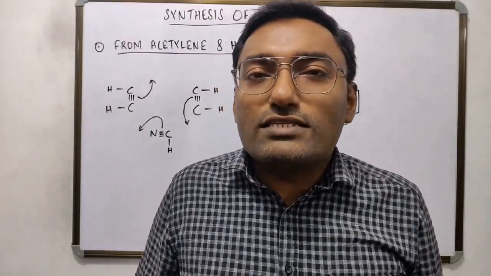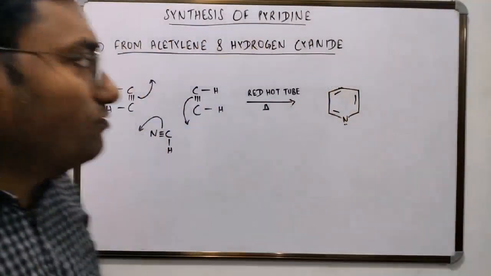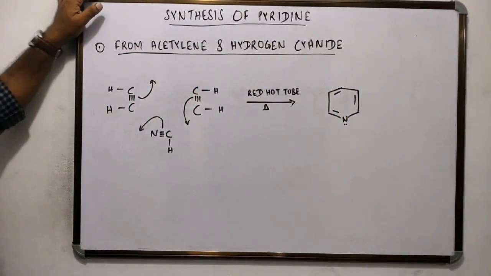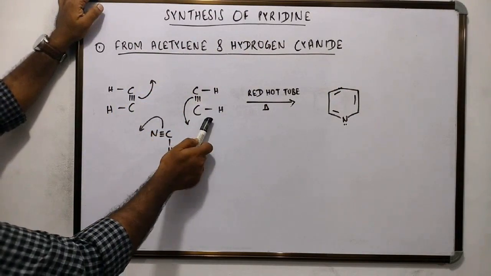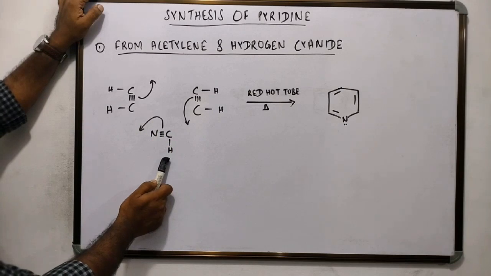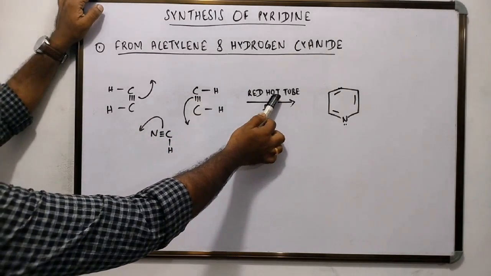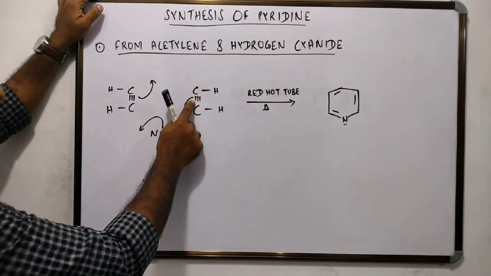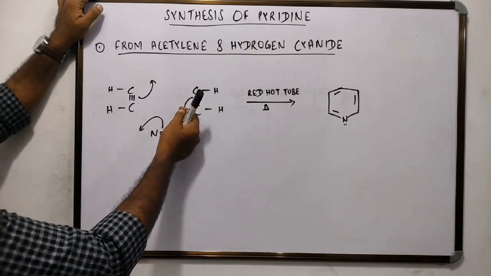Let us now look at the synthesis of pyridine from acetylene and hydrogen cyanide. When a mixture of acetylene and hydrogen cyanide is passed through red hot tube, the relatively more exposed pi bond undergoes homolytic fission.